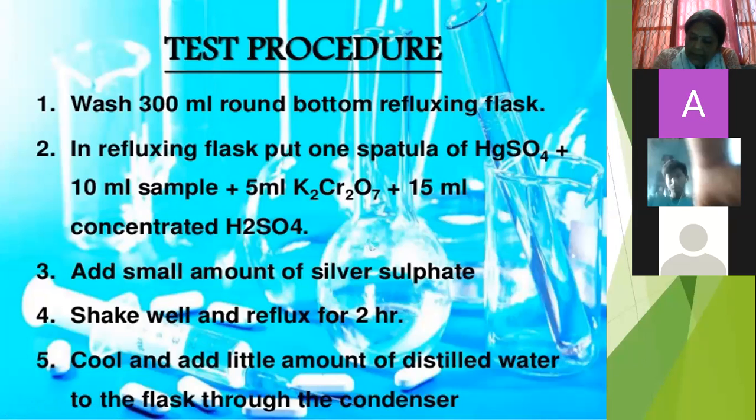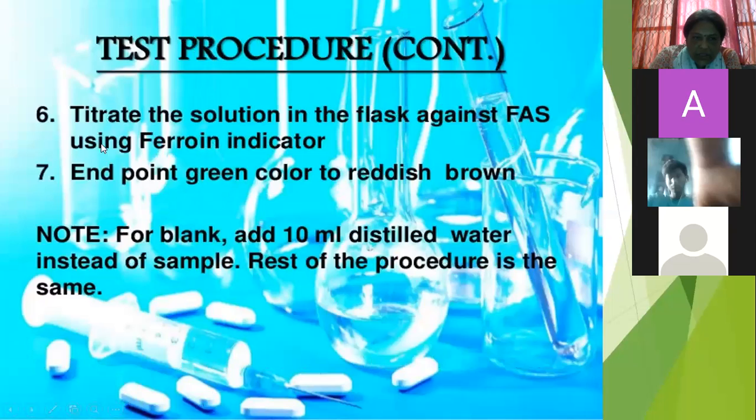This solution should be titrated against FAS of known strength, using ferroin as the indicator. All of you know how to do titration. Take the 25 ml of that solution, add ferroin indicator, and titrate it against FAS solution.